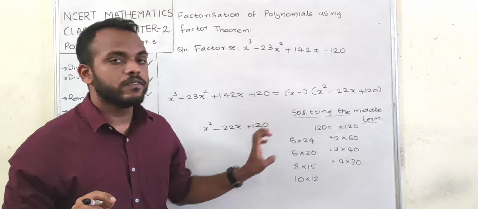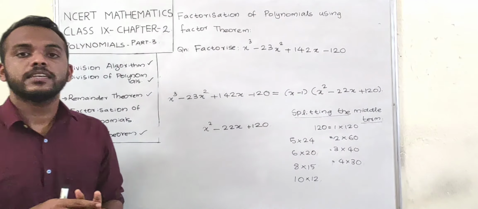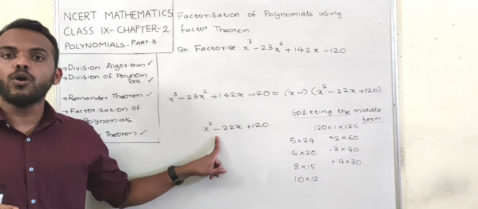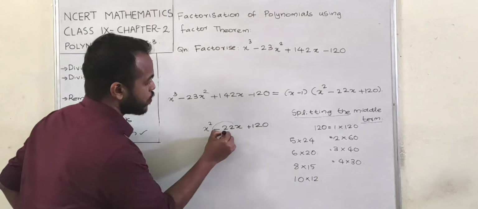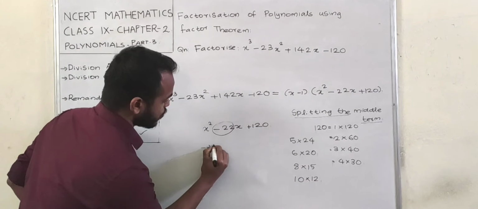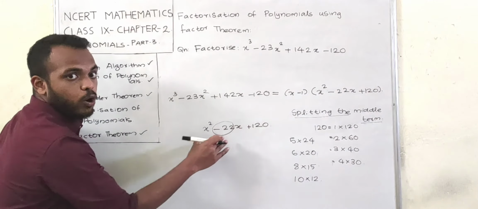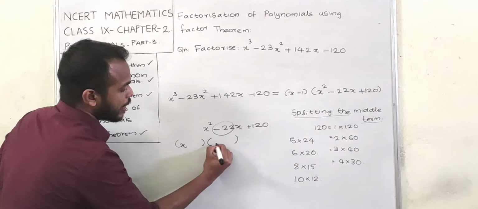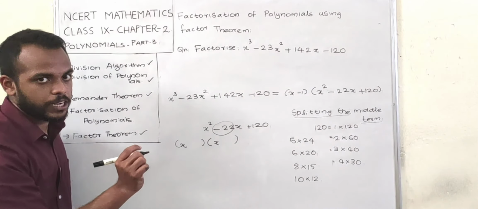From this one, we should take two numbers whose sum is minus 22, the coefficient of the x term. Who is the coefficient of the x term? It's minus 22. So basically, if you want to factorize this one, it will be of the form x plus or minus something into x plus or minus something, right?